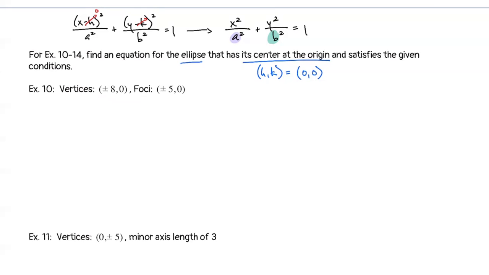It can be a very quick sketch, but if I draw a picture, it might help me figure out if I have my A, if I have my B, or how I find those, okay? My vertices, positive 8 comma 0, negative 8 comma 0. My foci, 5 comma 0, negative 5 comma 0.